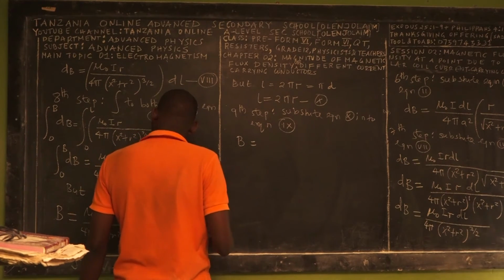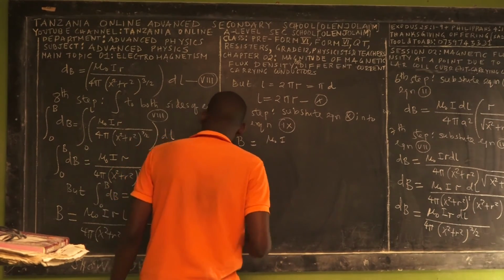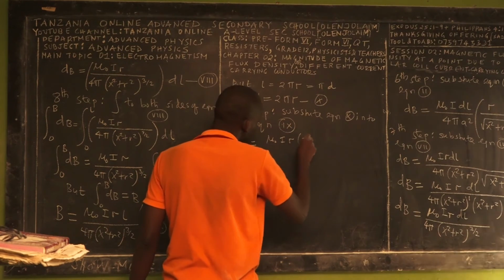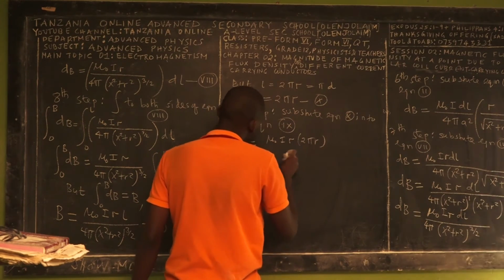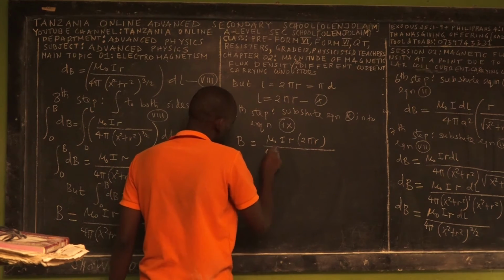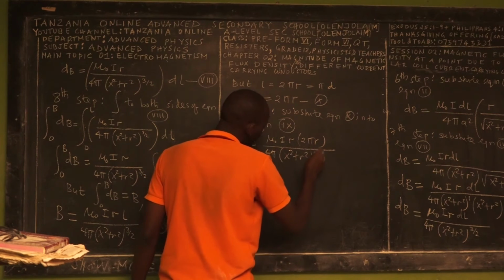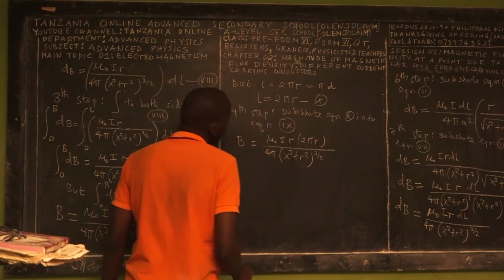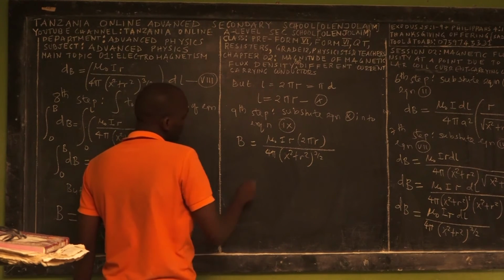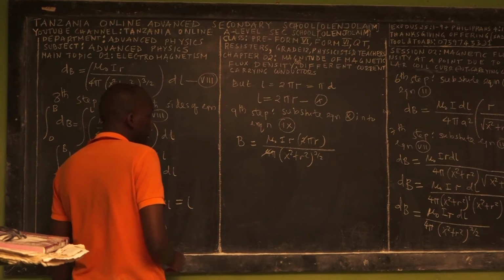So magnetic flux density is equal to permeability of free space times current times radius times length, which is 2 pi r, divided by 4 pi. Then we have x square plus r square power 3 over 2. So we can simplify, we can divide by 2 both numerator and denominator.